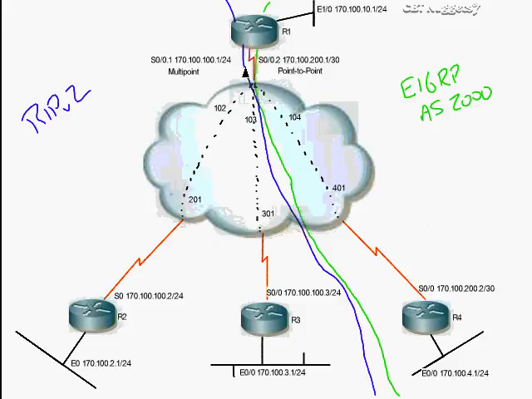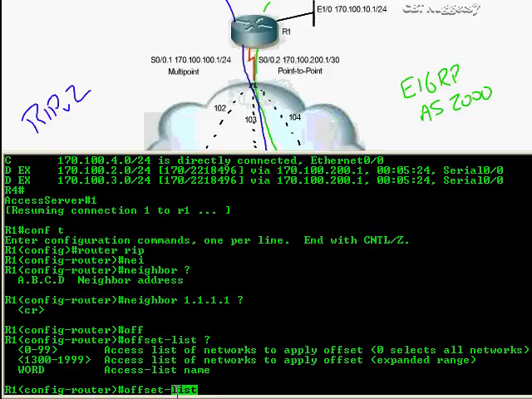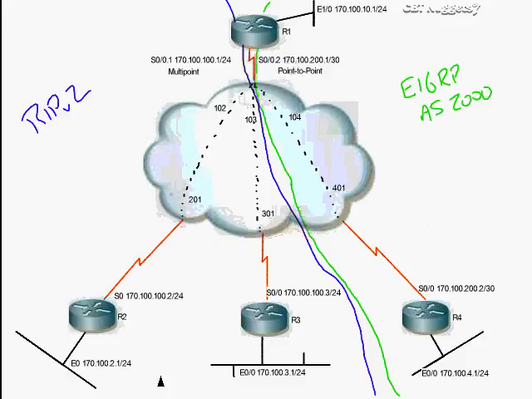And the requirements say you can't use a distribute list, or you can't use any type of route filtering per se, like a route map or anything like that. What kind of strategy do you use? Well, here's the idea. I can create an offset list that specifies an access list. Let's say I created access list 1, and that access list permitted just this network, 170.100.2.0.